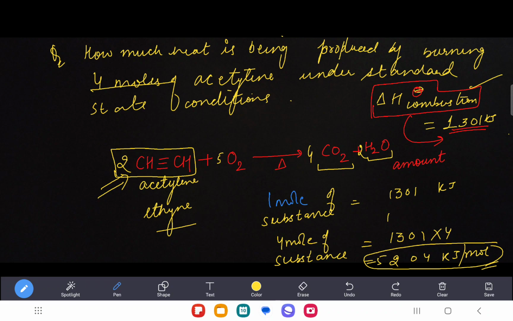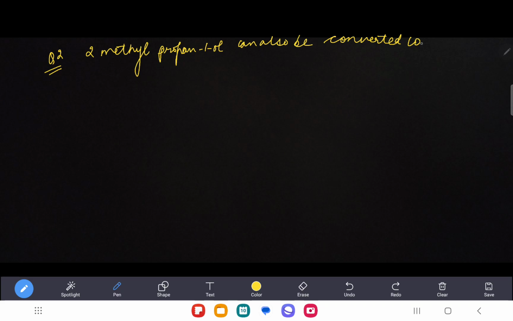Like for example, it gives you this. See, done? Now write down the next question. It says 2-methyl propane-1-ol can also be converted to produce diesel and jet fuel.